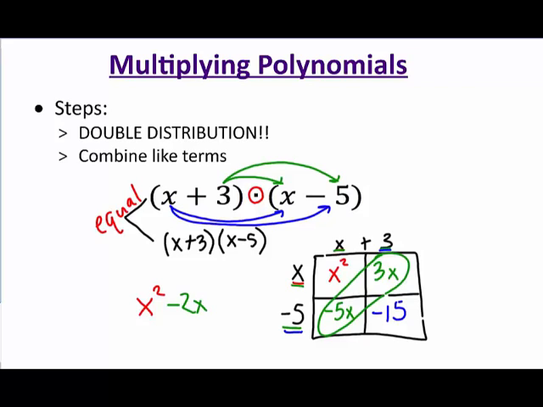And in blue I have my constant, which is negative 15. So using this box is a nice little trick to multiply polynomials. So my final answer will be x squared minus 2x minus 15.